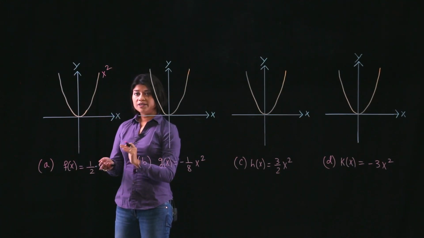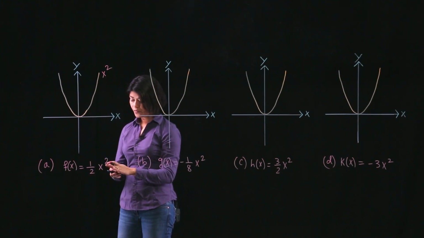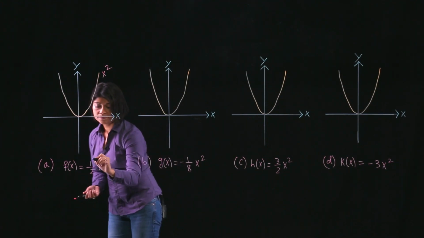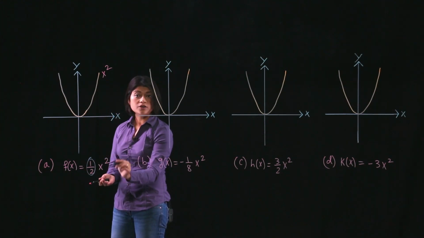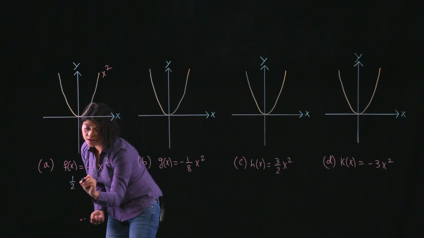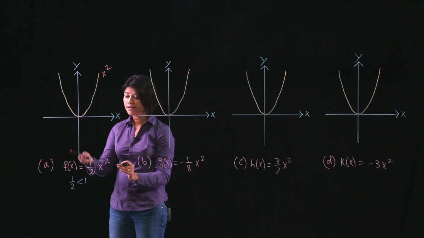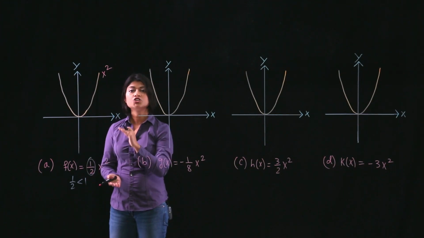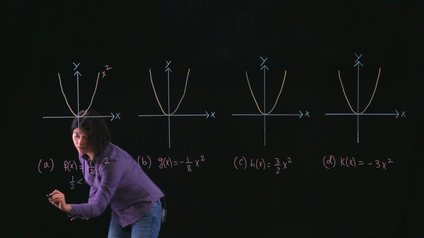So how can we compare the graph of x squared with 1/2 x squared? Well, since there is a coefficient 1/2 in front of the x squared expression, and because 1/2 is less than 1, the graph of f will shrink by a factor of 1/2 vertically.